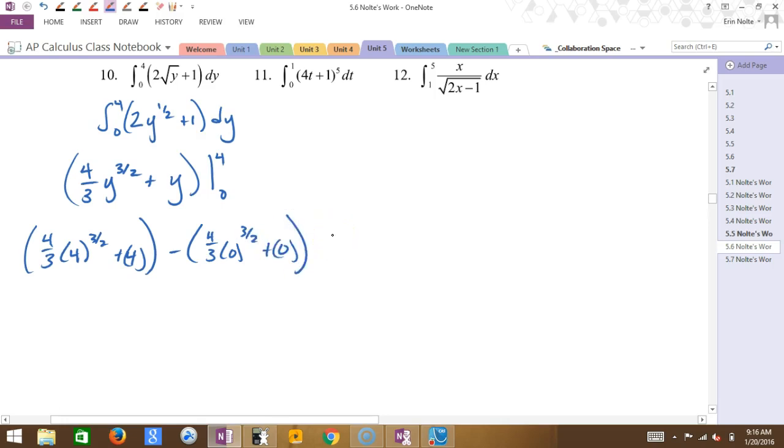Okay, so 4/3 to the 3/2, that's 2 cubed is 8. 8 times 4 is 32/3 plus 4. And then we got minus 0 at the end, right? So 12 and 32 is 44 thirds.